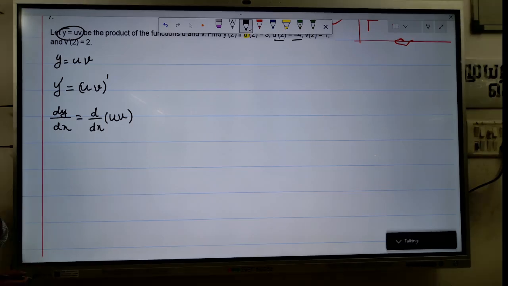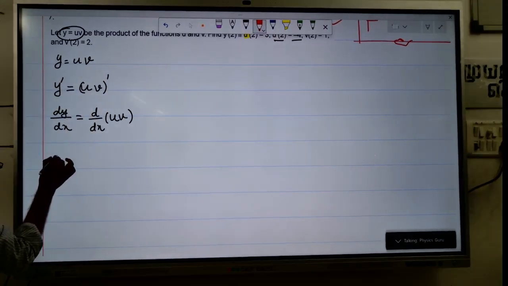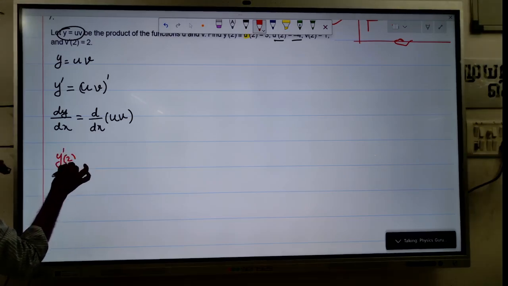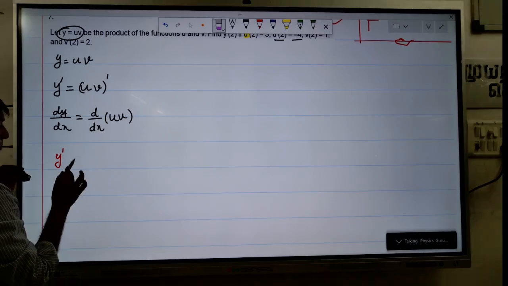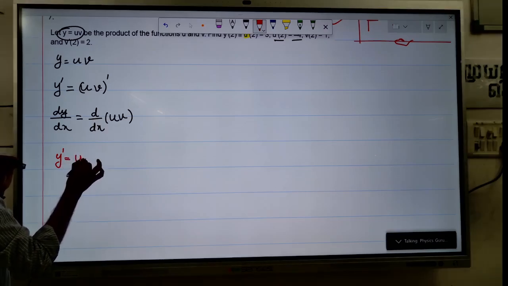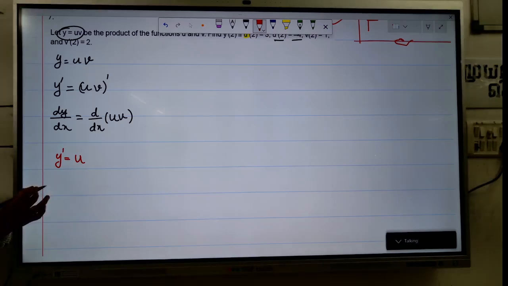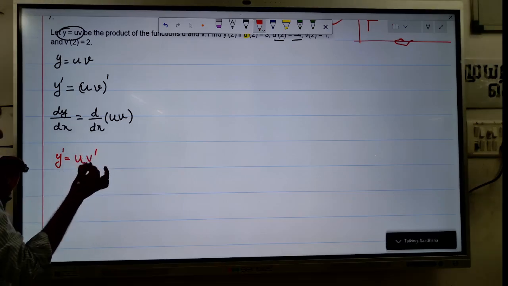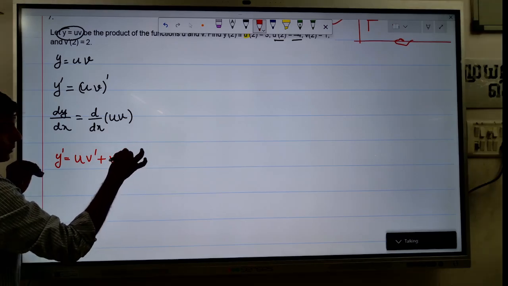Okay? So now let's decode it. So y prime is equal to y prime of 2. First let's write y prime, then we'll write y prime of 2. So y prime is equal to, guide me children, u into, come on, u into what's the formula? Very good, v prime plus v into u prime.